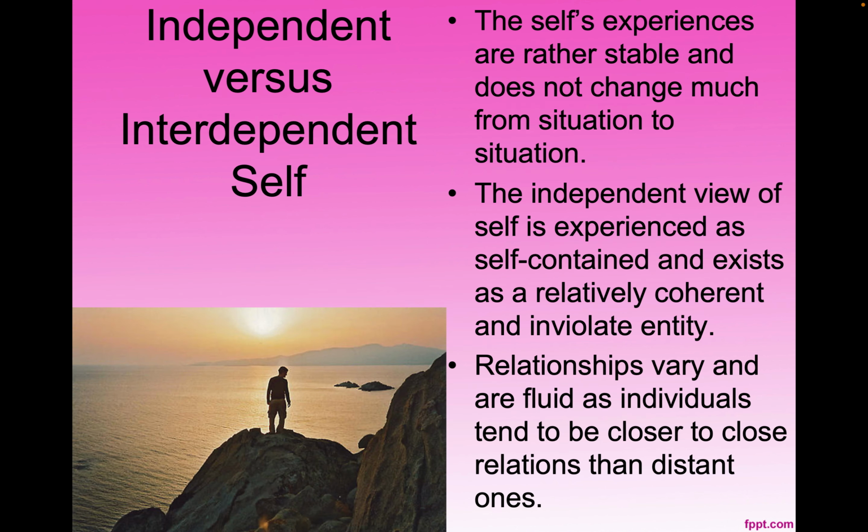The self's experiences are rather stable and do not change much from situation to situation. The independent view of self is experienced as self-contained and exists as a relatively coherent and inviolate entity. Relationships vary and are fluid, as individuals tend to be closer to close relations than distant relations.